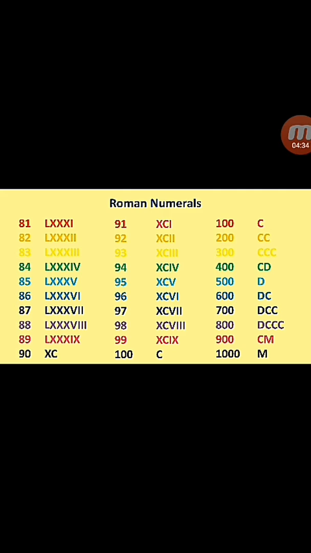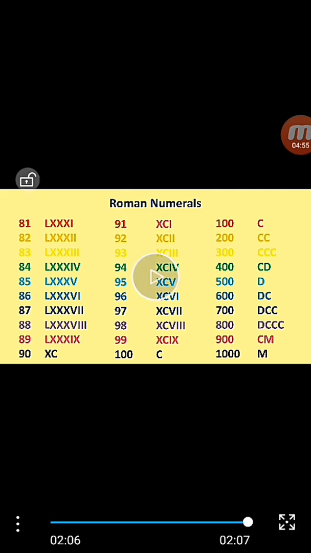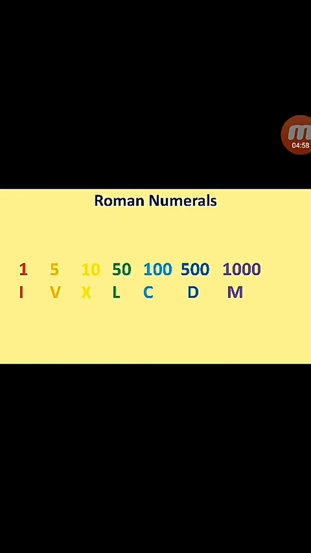I have written down first the counting from 1 to 100 in Roman numbers, and after that 200, 300, 400, 500, 600, 700, 800, 900 and 1000. You can create the series that comes in between these numbers yourself. First you will learn what these are. If you get this image in your mind, you can easily do all kinds of questions in your Roman numbers chapter.